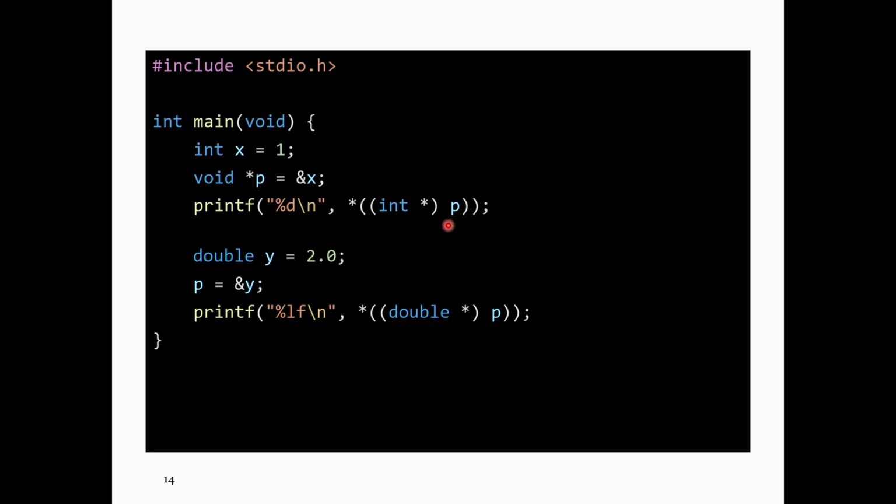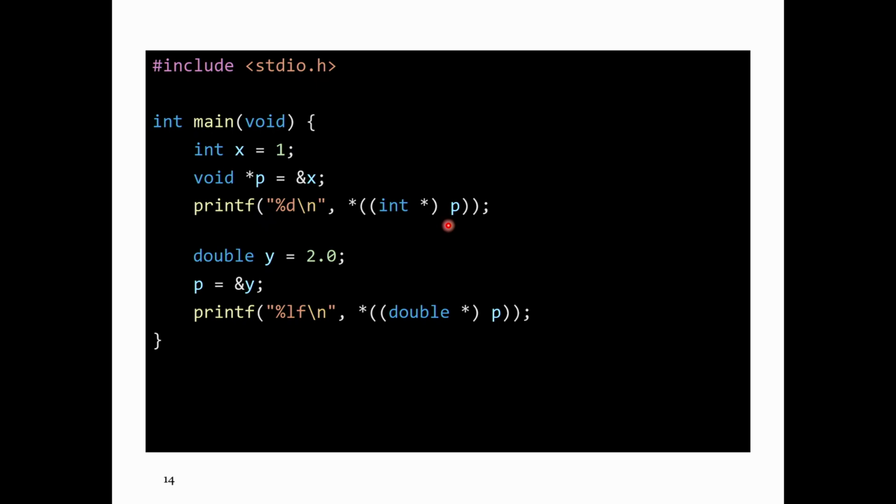Imagine instead of writing void star p, I had written int star p equals the address of x.